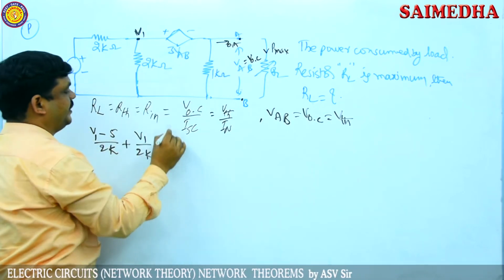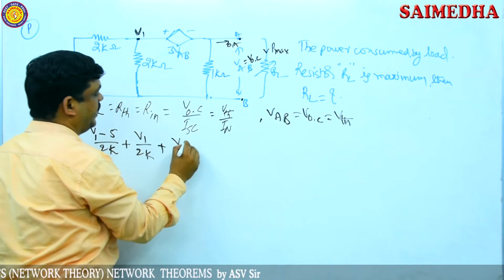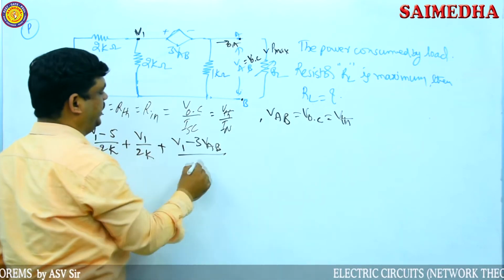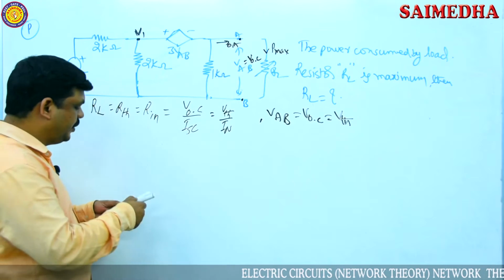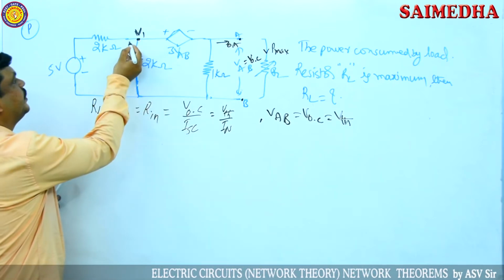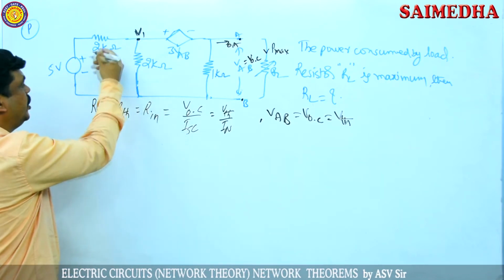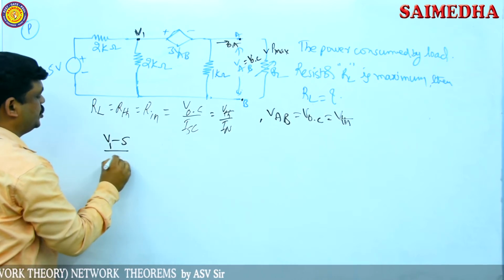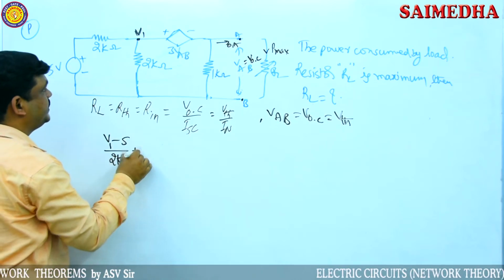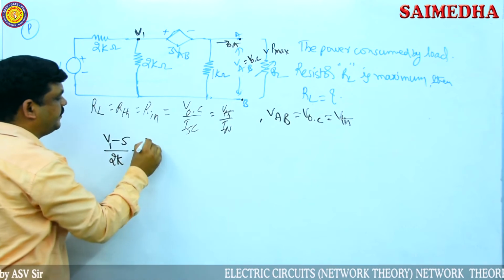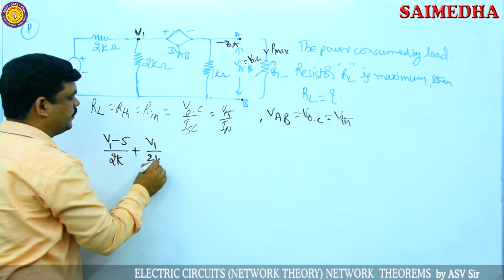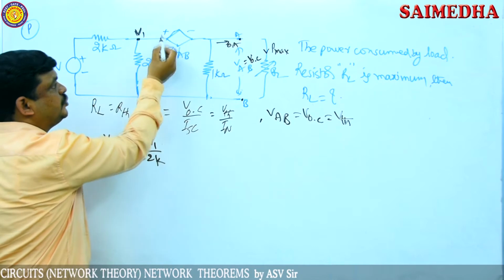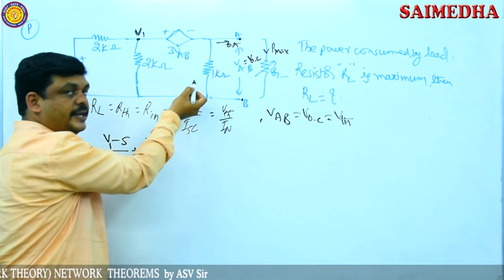So apply nodal analysis at the V1 node. The current through this branch is V1 minus 5 by 2K, plus the current through this branch, V1 by 2K, and this complete branch I am taking now, because here this voltage source and resistor are both connected in series.